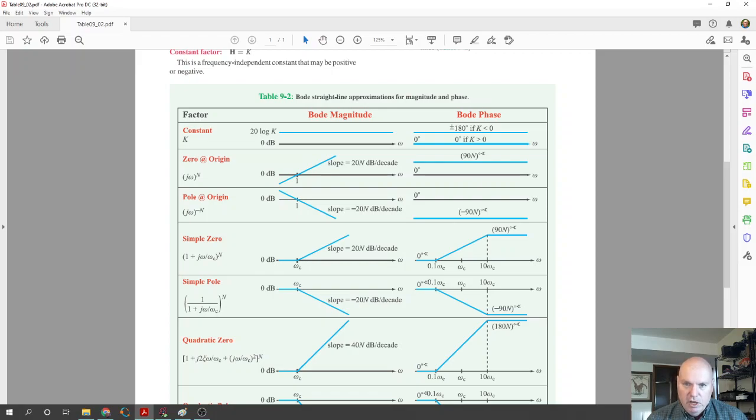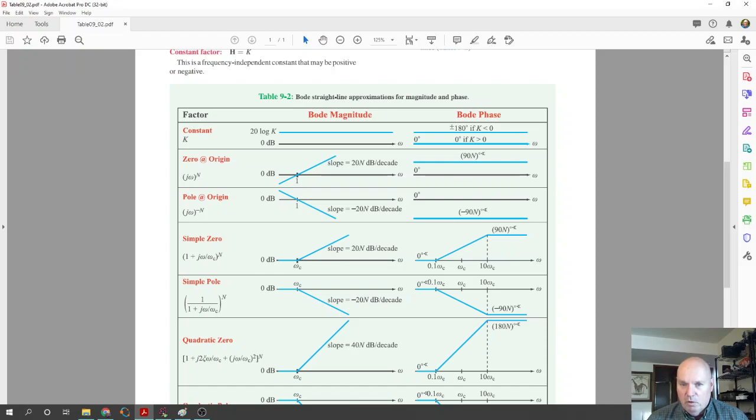Of course, if it were j omega over omega c, it would cross through the 0 dB line at omega equal to omega c, where that ratio is 1 and 20 log of 1 is 0, and then increases at a 20 dB per decade rate. Now, more generally, it might be j omega squared, in which case it would increase at a 40 dB per decade rate, or j omega cubed, in which case it would increase at a 60 dB per decade rate, and so on and so forth.